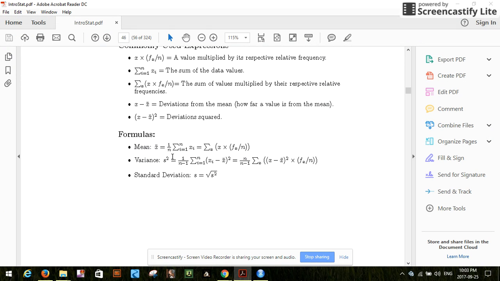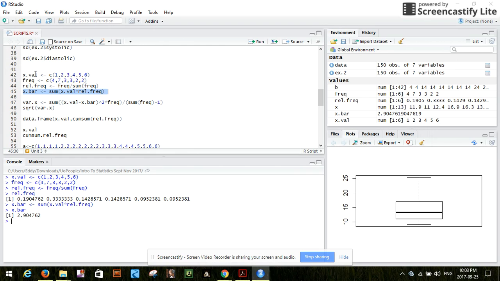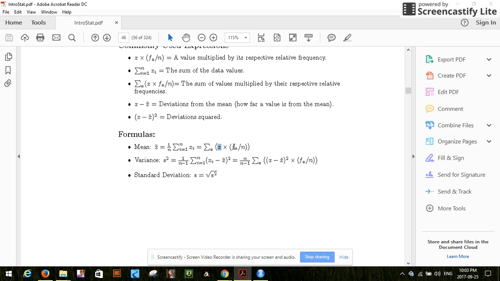If you look in your book here, you have the formula for the mean: the sum of x, which is the x values here, multiplied by the relative frequency.